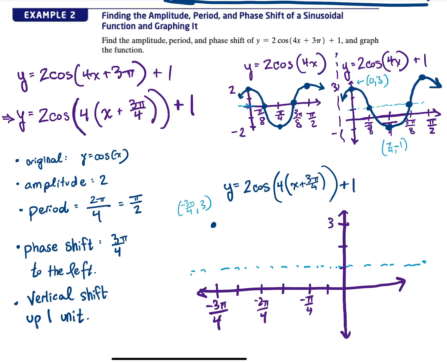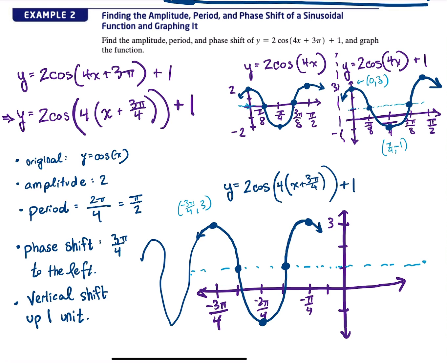Then it will go down to the middle point. Then we said its minimum point was down at negative 1. So down to the minimum, back up to the middle point, and then it will end in the maximum point. So our curve will look something like this. And then continue on from there.